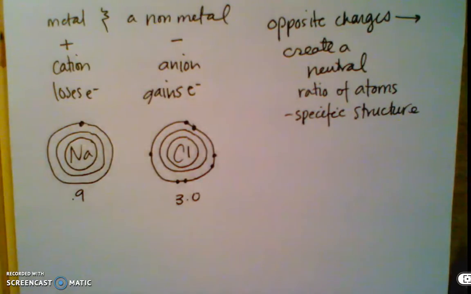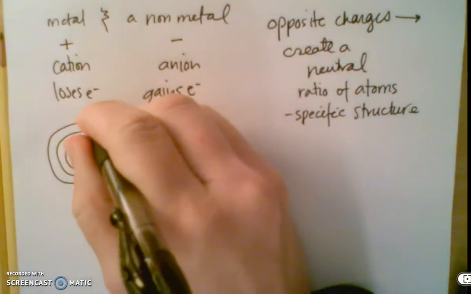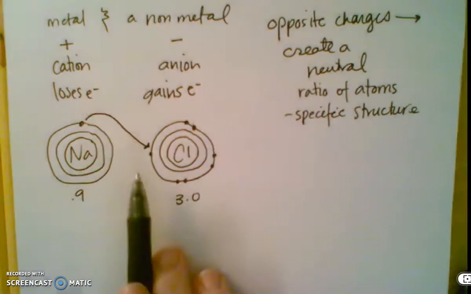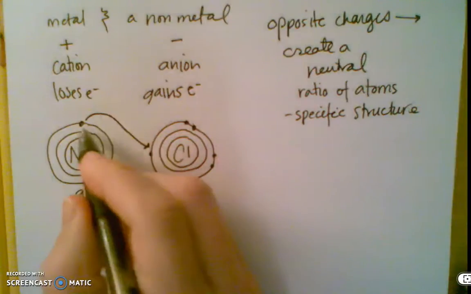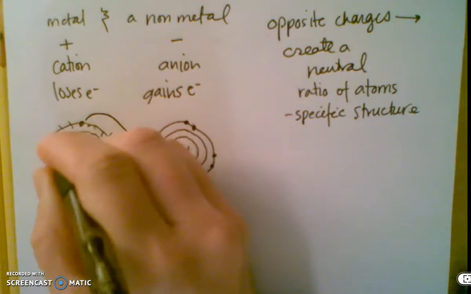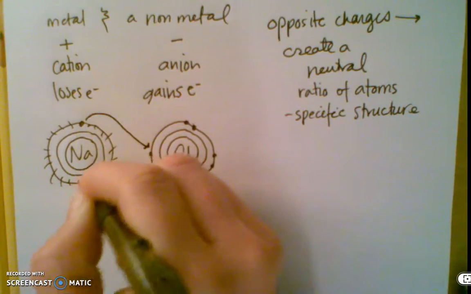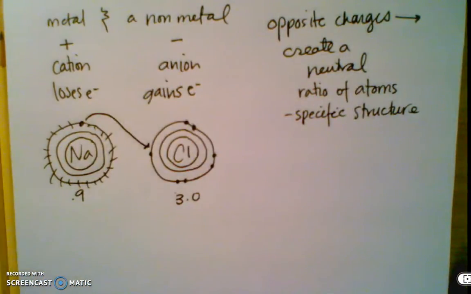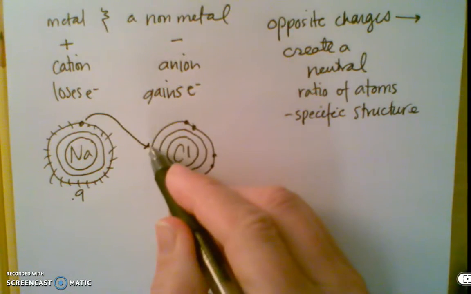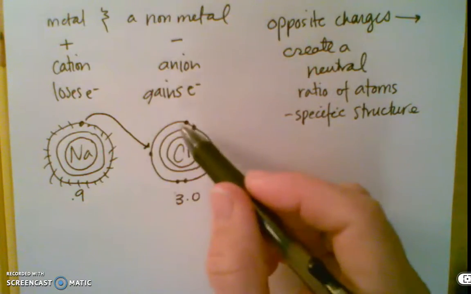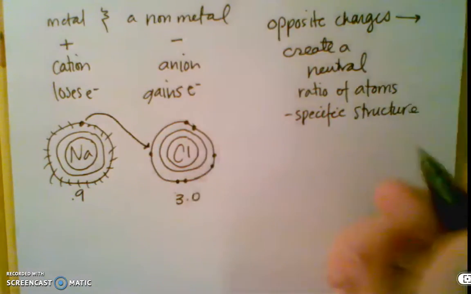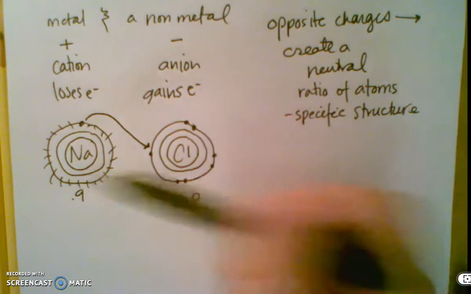So what's going to happen is this electron is actually going to leave sodium and join together with chlorine and make it so that this whole shell goes away, and sodium is now left with a full outer shell, or it meets the octet rule. And chlorine is now going to get another electron here, making that 8 electrons, which also meets the octet rule. So together, they're going to be feeling good as individual atoms.